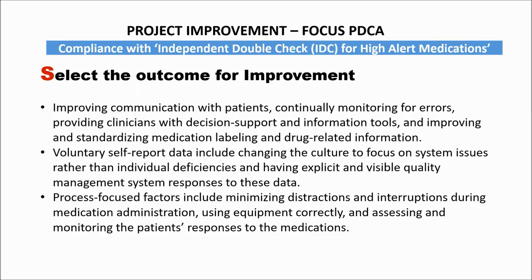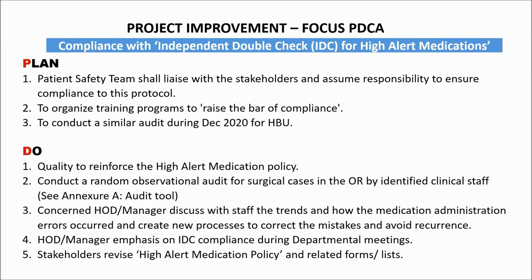The process focus factors include minimization of distraction and interruption during medication administration, using equipment correctly, and assessing the monitoring of the patient's response to the medication. That's the selection. Okay. And Dr. Amal, my colleague, will continue.